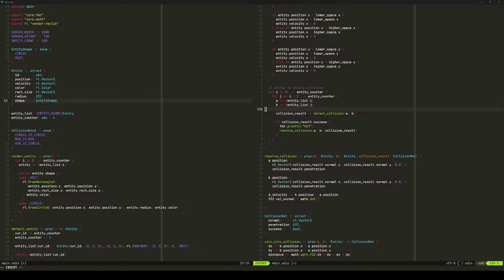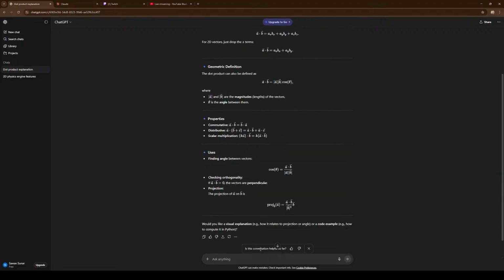The issue currently is that I forgot, or I don't know how to handle the velocity part. Do I want to Google it? Should I? Let's just do it.